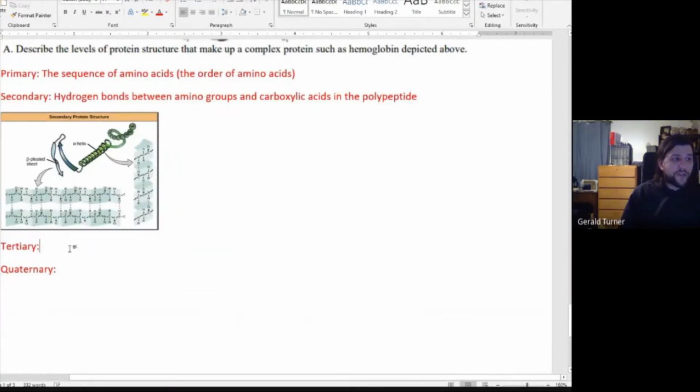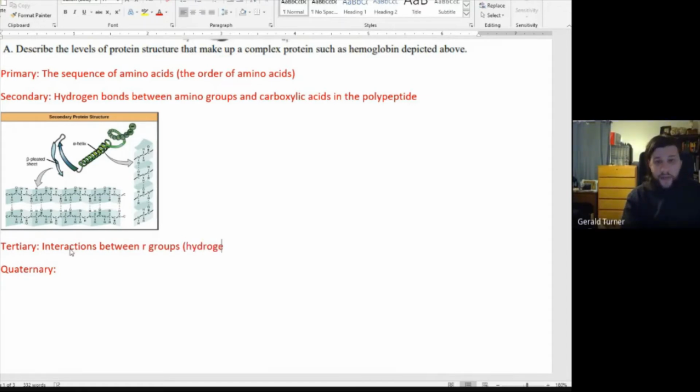The tertiary structure, that is going to be various interactions between R groups. So these would be things like hydrogen bonds between them. We might have hydrophobic interactions. Some of the amino acid R groups are in fact nonpolar and hydrophobic. We would have, this would be where disulfide bridges come into play.